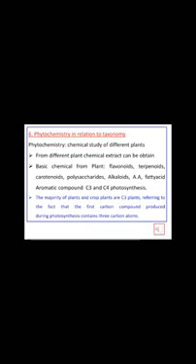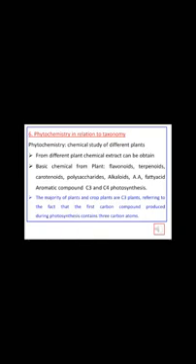So here we must explain what C3 and C4 photosynthesis are. Please keep in mind that first we have to talk about C3 photosynthesis. C3 photosynthesis occurs in mesophyll cells.